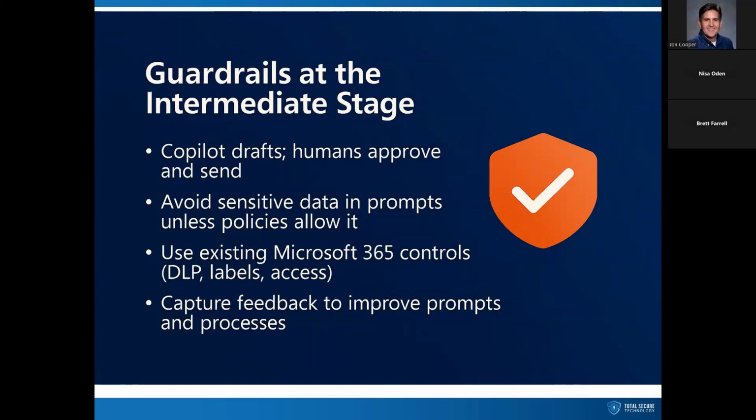Somebody has to put human eyes on it. Is this consistent with how our company does business? Is this information that I'm about to communicate consistent with our company brand? Humans have to approve what Copilot is helping them generate before it goes out for public consumption.